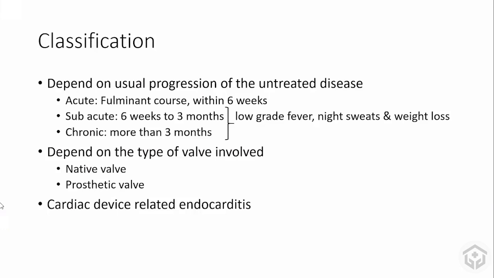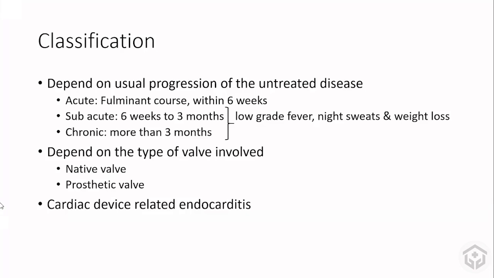But acute is one entity, and subacute and chronic are collectively known as subacute infective endocarditis. Acute presents with a very toxic, fulminant course, and the patient is very ill, and if untreated, death occurs within 6 weeks.